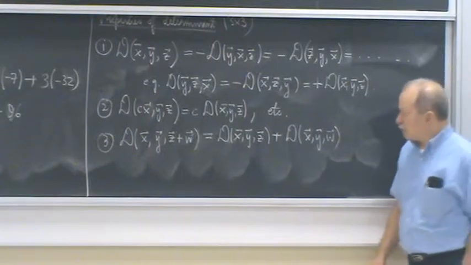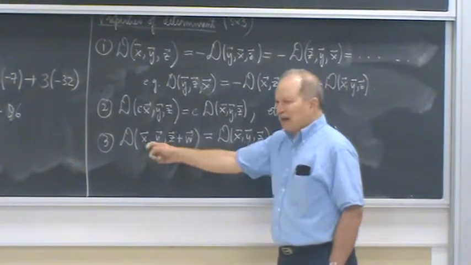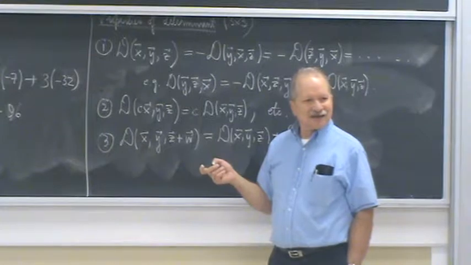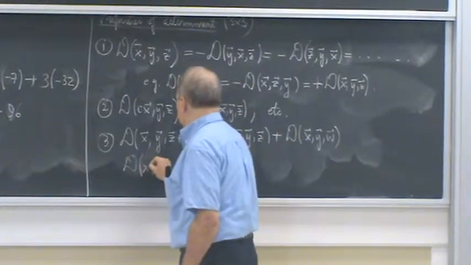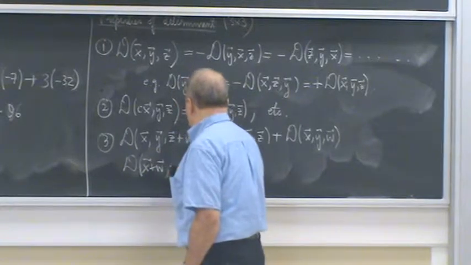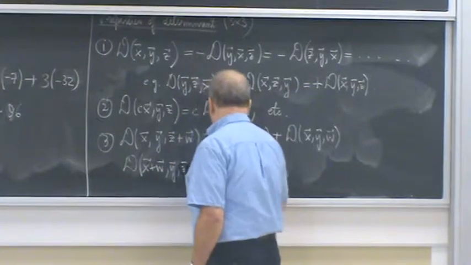And again, I'm going to make the claim that you can do that in any of the slots. So if you put a sum in the first slot, you would get the sum.